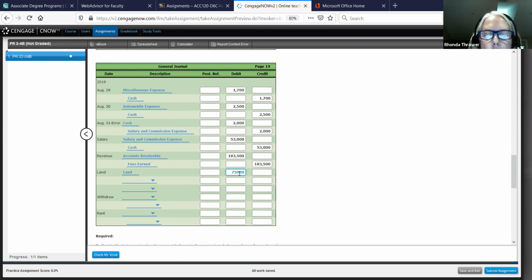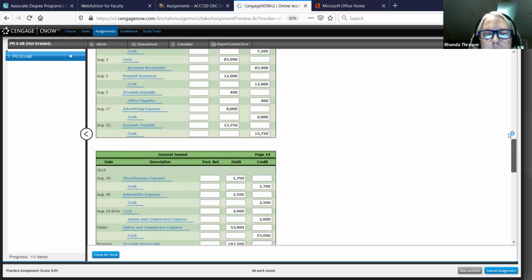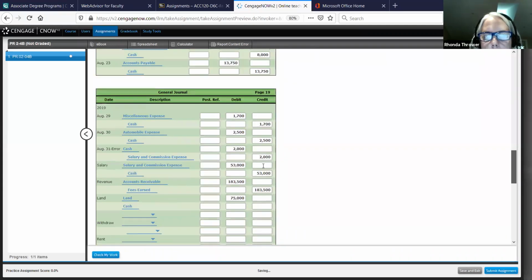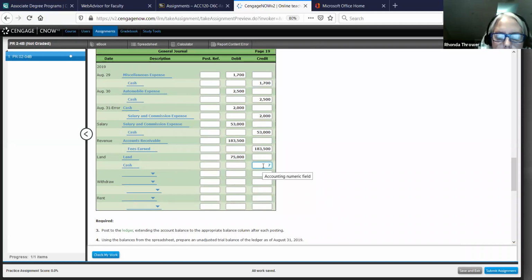Always record your debits first. One credit will be to the cash account. The cash account is decreasing by the amount of the down payment, which was $7,500. Because cash is decreasing, we have to record that on the credit side.